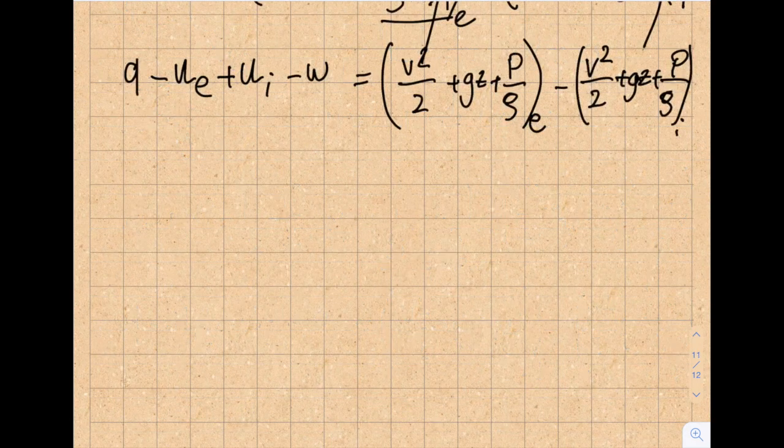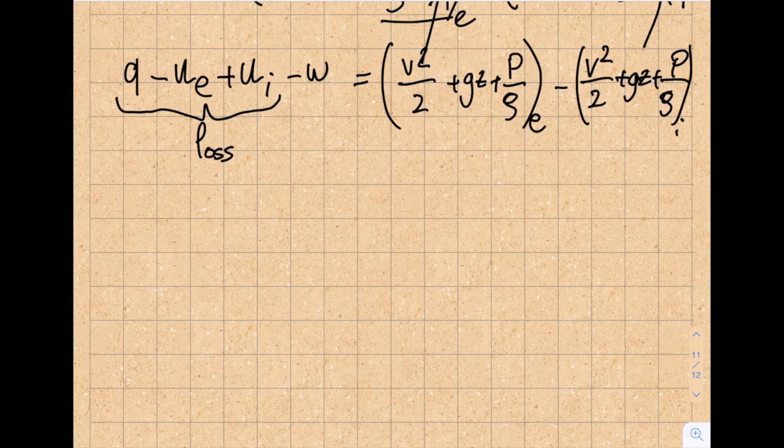The reason why I moved these internal energy components to the other side of the equation is this. I have a name for the combination of all these three, and I'm going to call this loss. Typically this is the energy loss per unit mass.